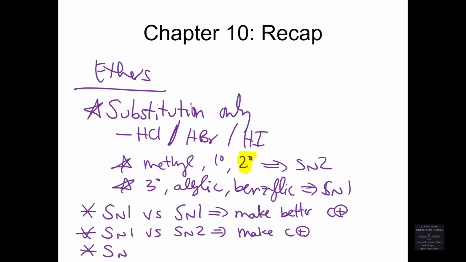When you have an SN2 disagreement, attack least crowded. As ethers. But there's a special category of ethers called epoxides.